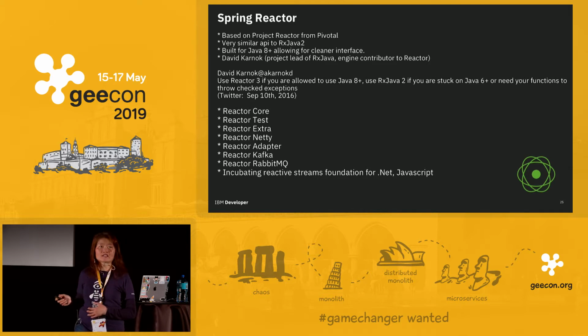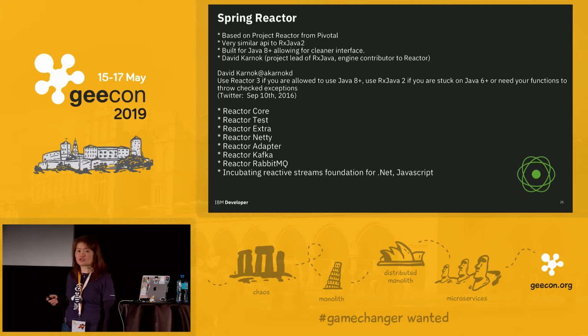But Spring Reactor is newer, and it started since Java 8, so it has a much cleaner interface too. Here I put a quote. David Karnok also was saying to use Reactor 3 if you are allowed to use Java 8 or above, and use RxJava 2 if you're stuck on Java 6 or need your functions to throw checked exceptions.